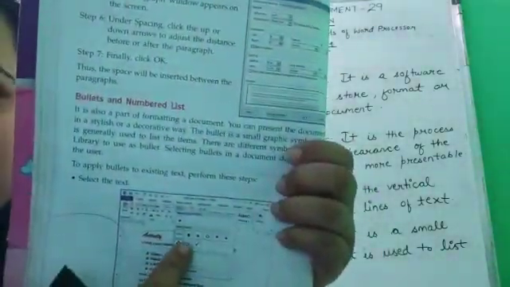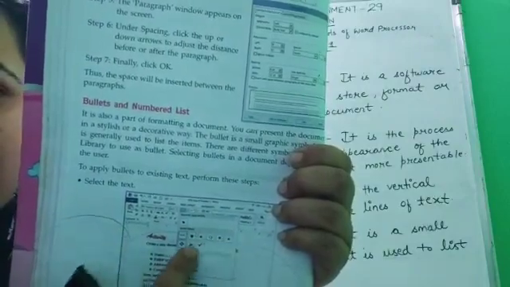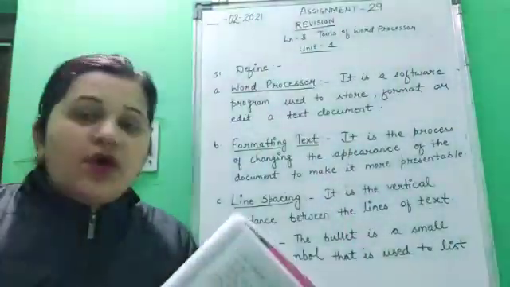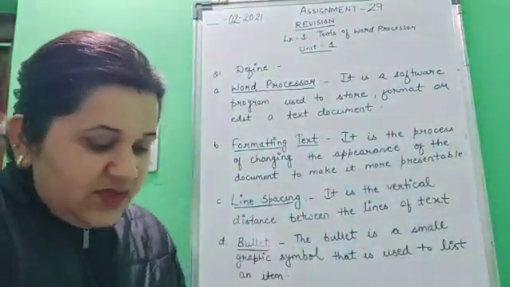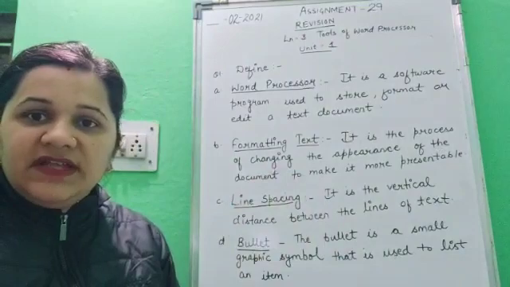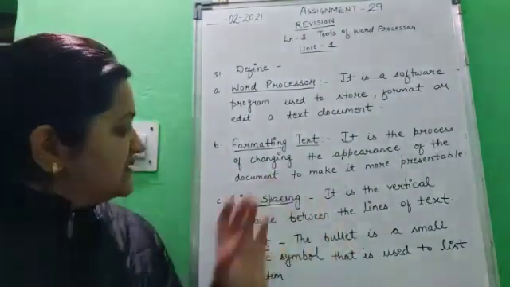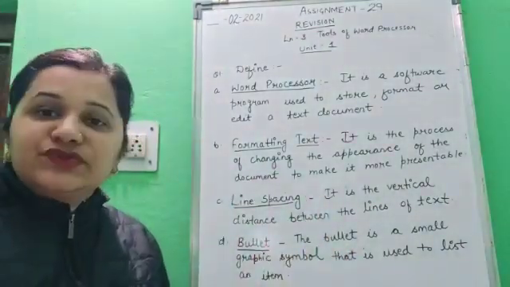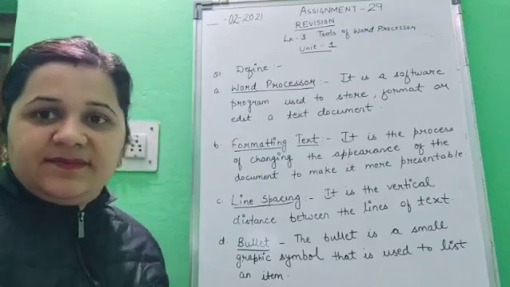See, this is how you can use these graphics. These graphics are known as bullets. Bullets are used to enhance the beauty of lists of items on the text document. So bullet is a small graphic symbol that is used to list an item.